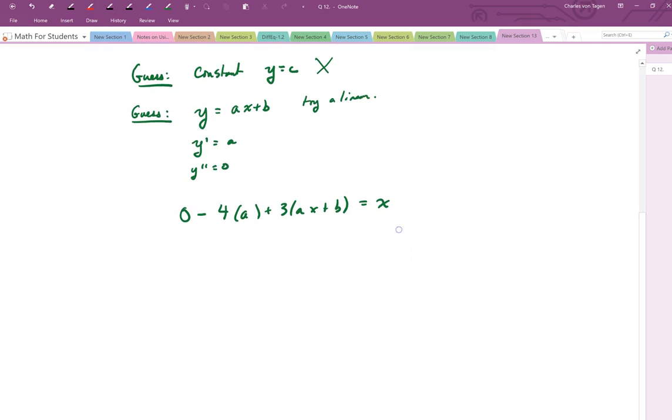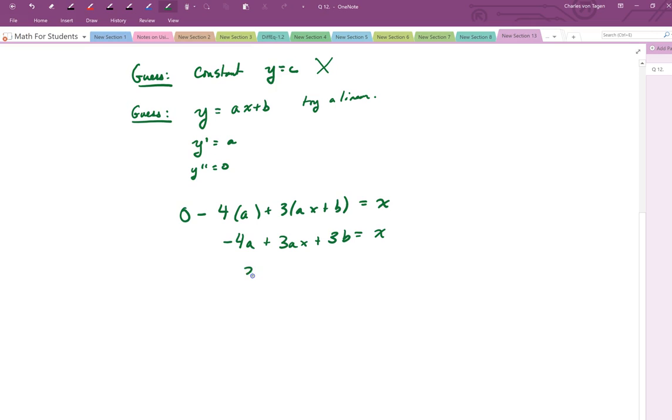So this actually sets us up to solve a system of equations, and this is very similar to the system of equations that we did when we were decomposing fractions by partial fraction decomposition. Notice that if I clean things up a little bit, I'd have minus 4a plus 3ax plus 3b needs to equal x.